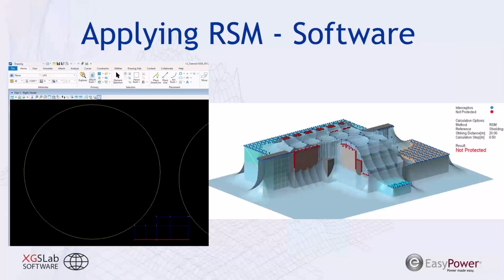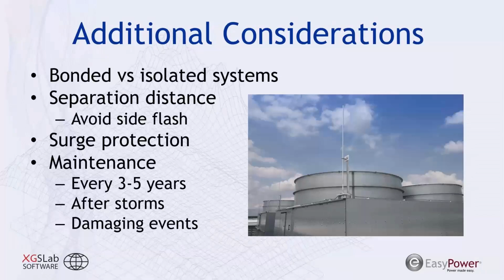Now, getting back to the presentation here, when we talk about lightning protection systems, really we were just giving a basic overview of some of the components and approaches for this. There is a much greater depth of knowledge that you can look into for understanding our various approaches for lightning analysis, lightning shielding, lightning risk. How you approach these could be a bonded or isolated system.